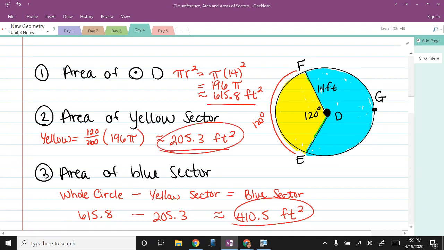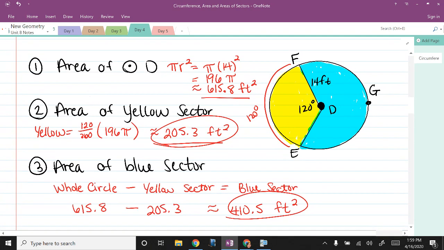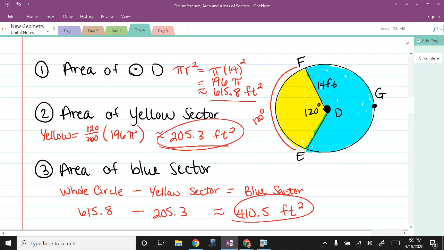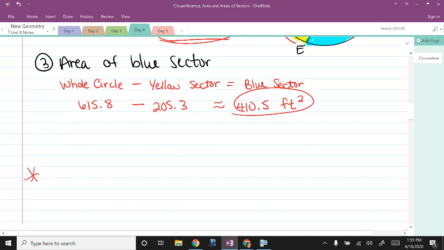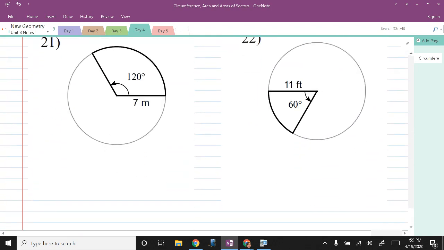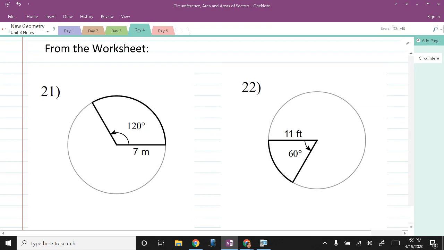Okay. Now, for your practice, I believe on that worksheet, it only has you finding one area. Okay, so we're going to do some of those. So let me skip down here past this stuff and go straight to our practice. Now, this is coming from the worksheet. This is number 21 and number 22.